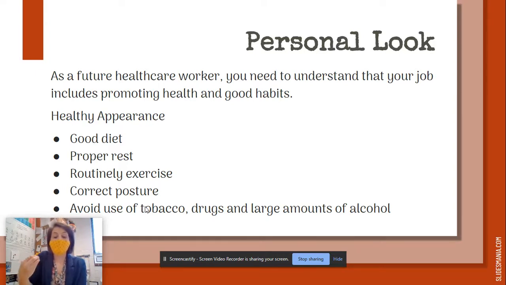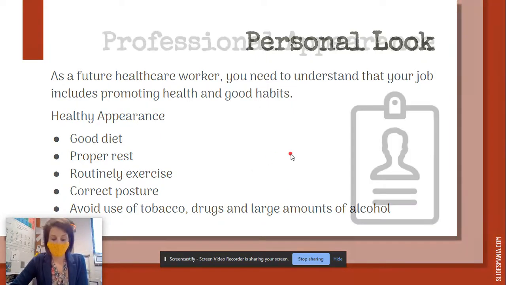So when you got hired on, you had a little box to check that said, do you use tobacco products? Yes or no? Because our employees are tobacco free, it doesn't matter your personal life outside of the hospital. You cannot use tobacco. I thought that was pretty cool. So if more hospitals and more organizations are going to go towards that, then obviously tobacco products, you can't use them. So don't get into the habit of it now.